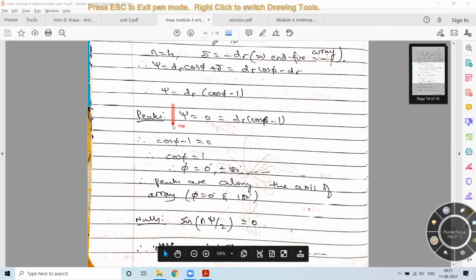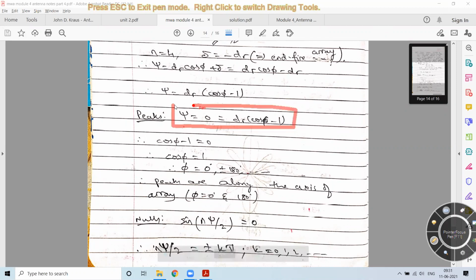So when I equate psi equal to 0, I'll obtain the direction of the maxima, or the direction of the major lobe. Here dr is pi, so wherever required, you can just substitute it.